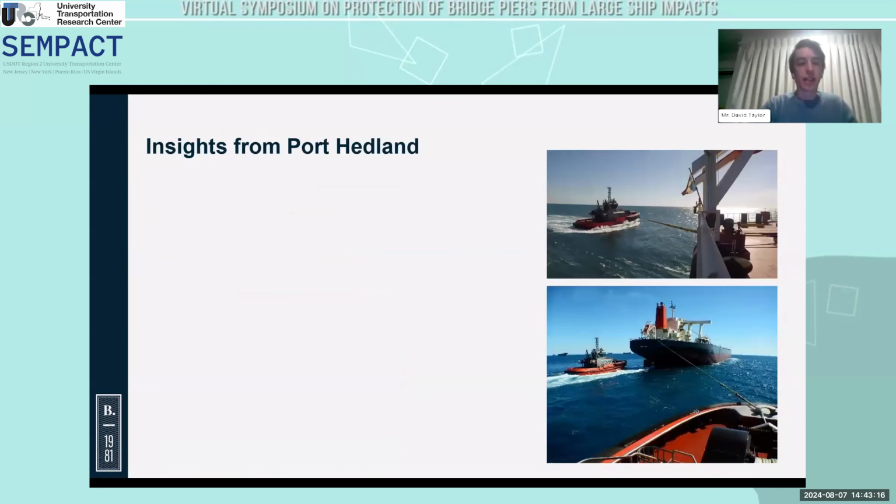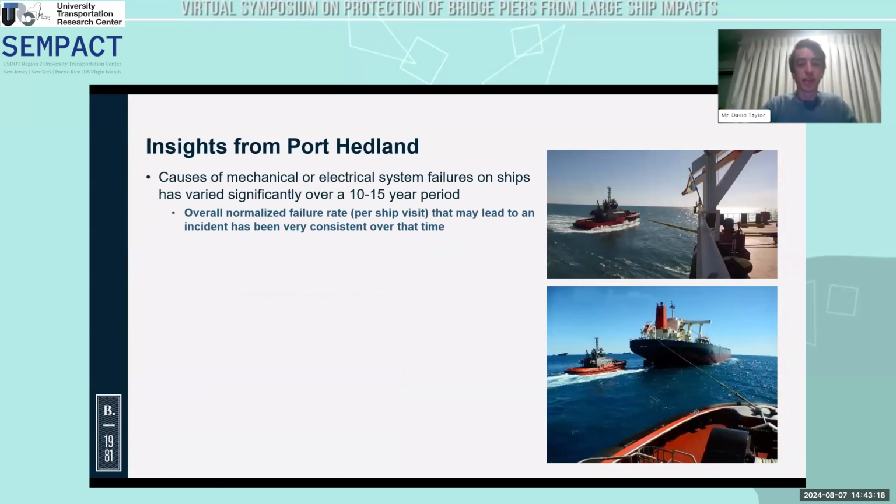So, some of the insights from the process and the studies we've completed at Port Hedland. As I mentioned earlier, there might be a triggering mechanical or electrical system failure on board the ship.